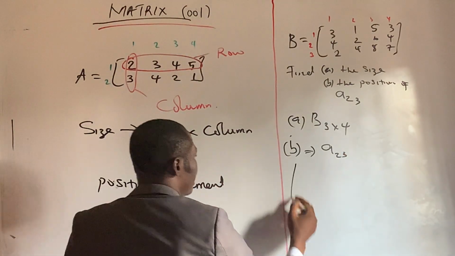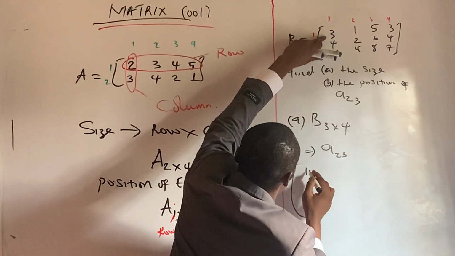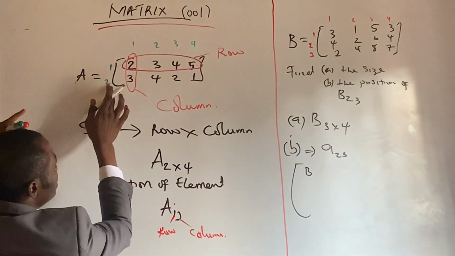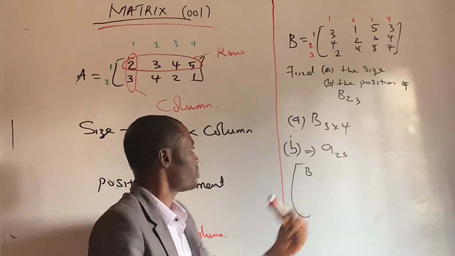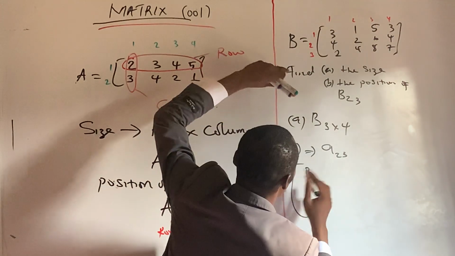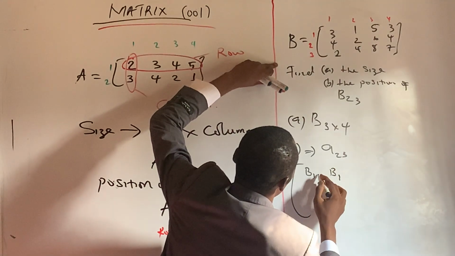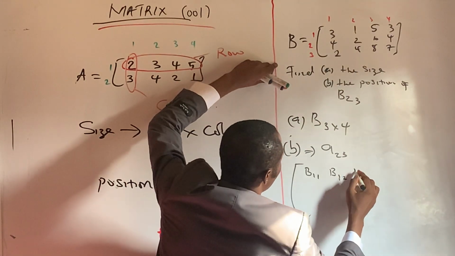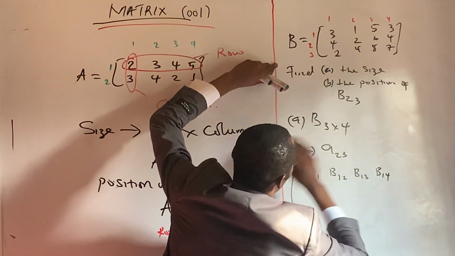We need to understand that the matrix here is matrix B, so this is supposed to be B23. If we were using matrix A, it would become A23, but the matrix we are dealing with is B. So it's B23. Over here, we have B11, B12, B13, B14.